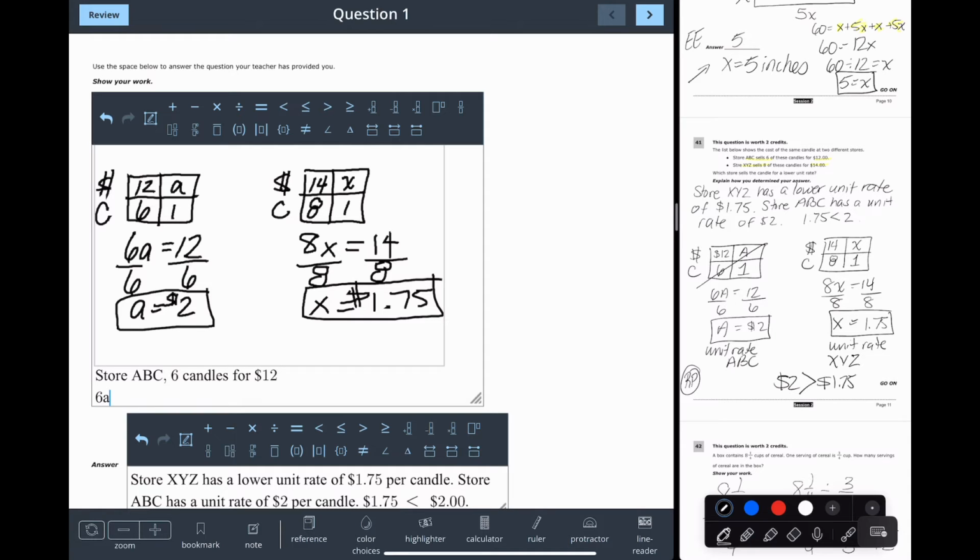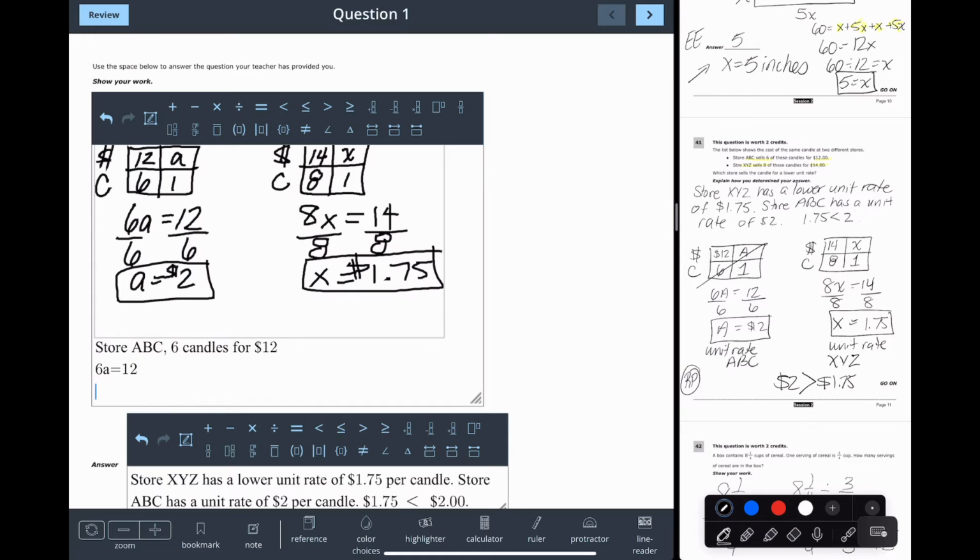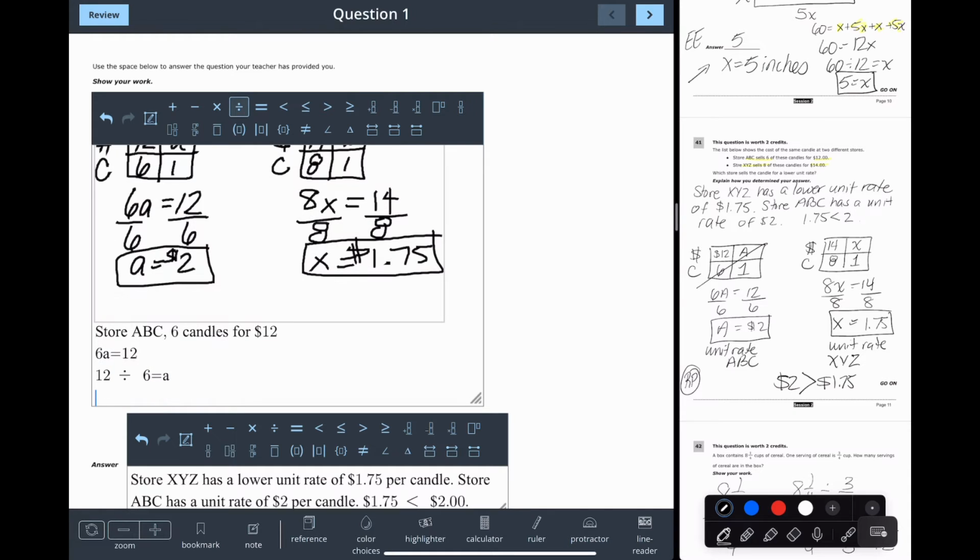I would set up as 6A is equal to 12. And I can either rewrite it 12 divided by 6 is equal to A. And this is why, again, it's complicated if you try typing this. A is equal, $2 is equal to A.